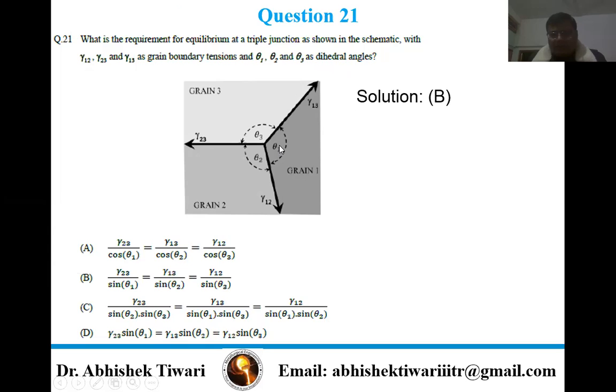So as you have seen in Lami's theorem, gamma 23 divided by sine theta 1 is equal to gamma 12 divided by sine theta 3 is equal to gamma 13 divided by sine theta 2. So the correct option is B option.